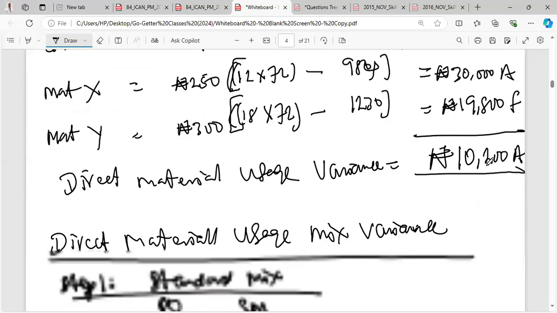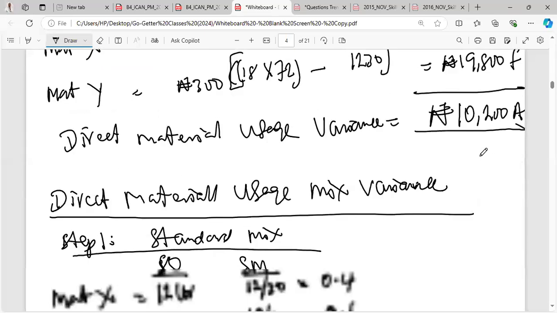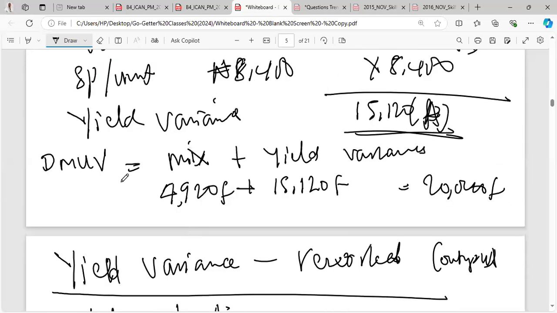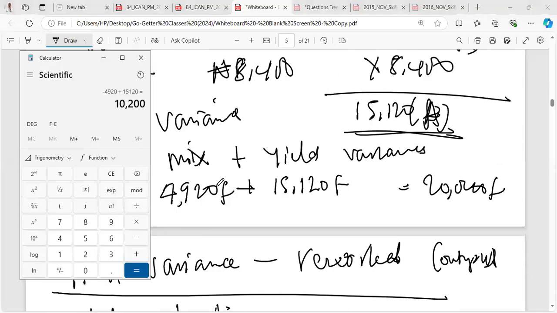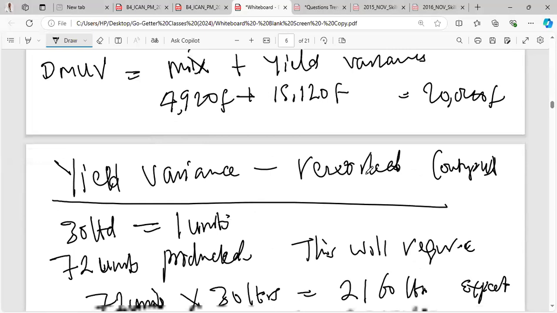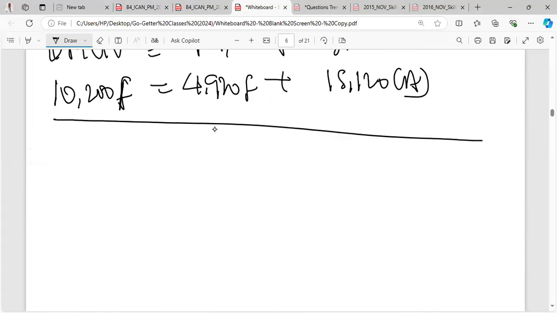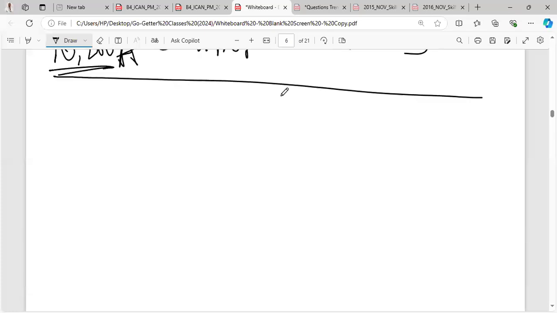It's adverse, sorry. What am I doing? I mixed up. This adverse here is bigger than the favorable, so it's adverse. So whenever you want to check if you are correct, it is the direct material usage variance that is going to be used to check the accuracy.